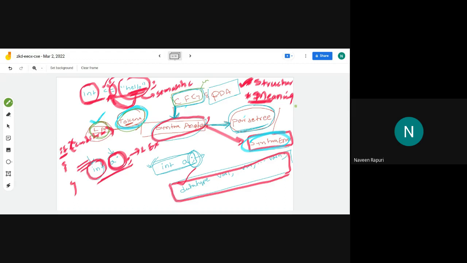Coming to parse tree. Parse tree is nothing but a derivation tree. Derivation means the process of deriving a string from the given grammar.